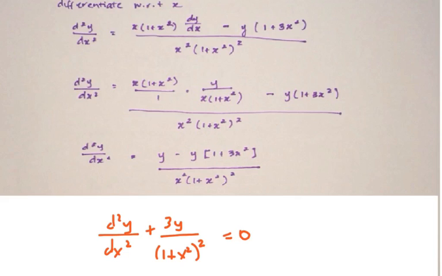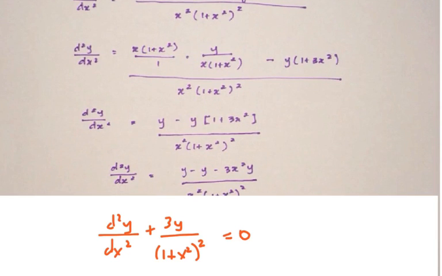Right, so now I want to simplify my numerator even further. I'm going to expand my second term to get y times 1 will give me y, and y times 3x squared will give me 3x squared.